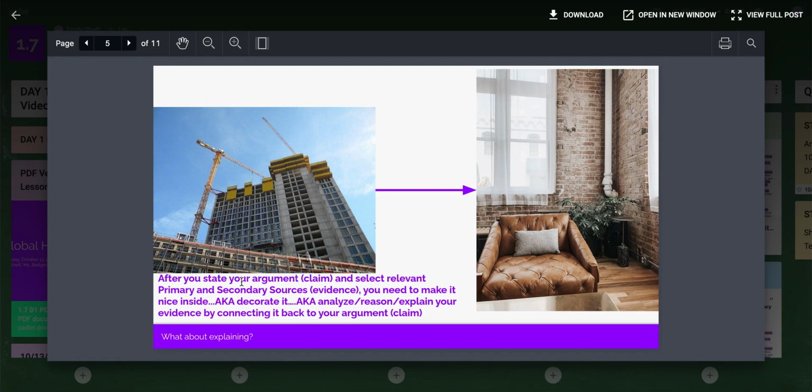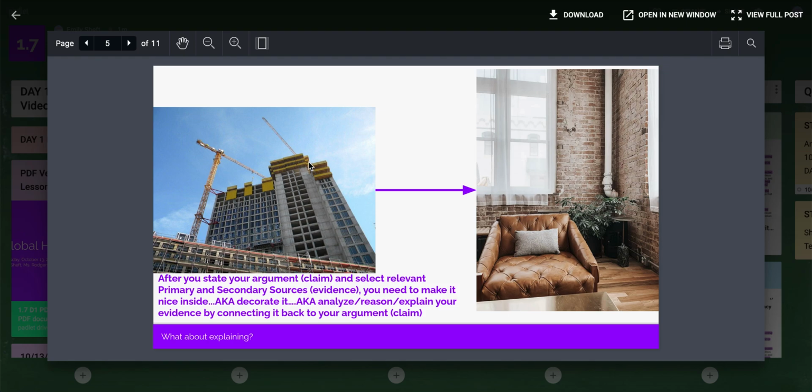And after you state your argument or your claim and you select that relevant evidence coming from primary and secondary sources, you need to make it nice, right? In a building, once they finish the outside, they do the inside, which we're going to think of as when you analyze, reason, and explain your evidence to connect it back to your claim.